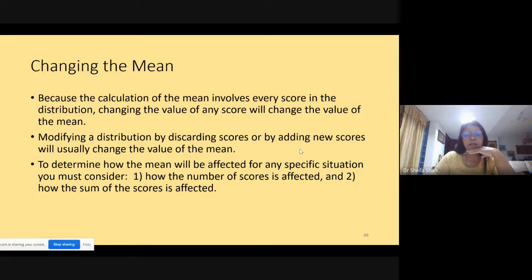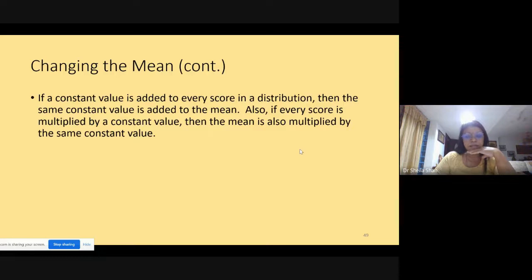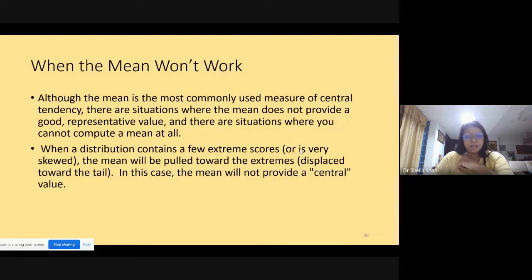As I told you just now, the mean is very sensitive. A little bit of change in the scores will change the value of the mean. That is what is explained here. Although the mean is most commonly used to measure central tendency, there are situations where the mean does not provide a good or representative value, and situations where you cannot compute a mean at all.